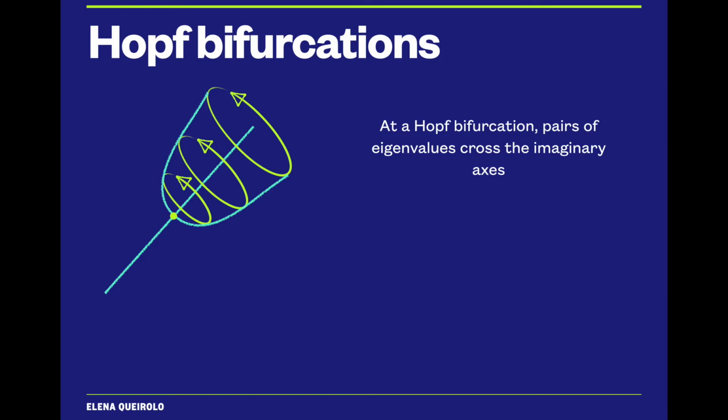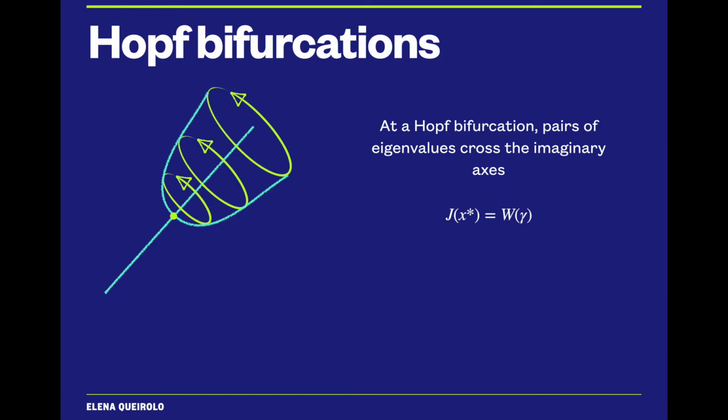This Hopf bifurcation happens when a pair of eigenvalues crosses the imaginary axis. For the Hopf bifurcation to be non-degenerate, we also want this crossing of the eigenvalues to be with non-zero speed with respect to the parameter. So we really want gamma to push the eigenvalues through the imaginary axis with non-zero velocity and not a tangency.